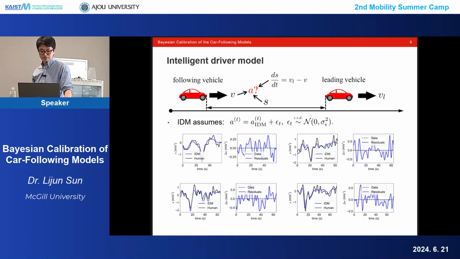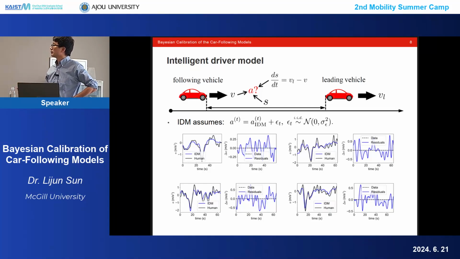Okay, so now let's start with the calibration. For example, I collected some data, and here I have 4 pairs of data. Each of these refers to a field observation.